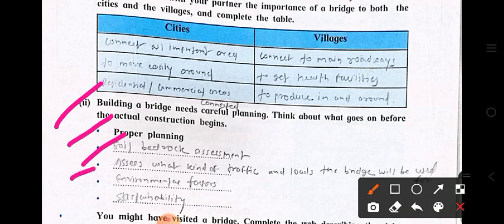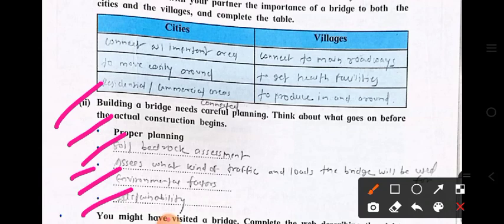The third point, assess what kinds of traffic and loads the bridge will be used for. People have to think about that before constructing the bridge. Fourth point, environmental factors should be considered. Last point, sustainability. This must also be considered before building the bridge.